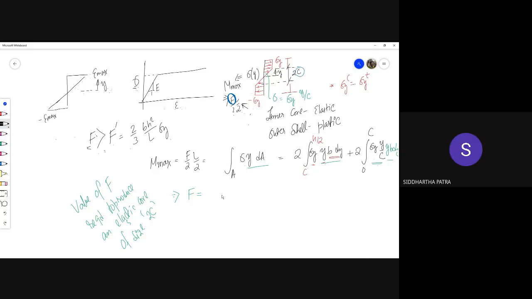F equals, so sigma y times b times c squared, that would have a coefficient of 5 by 3, right?